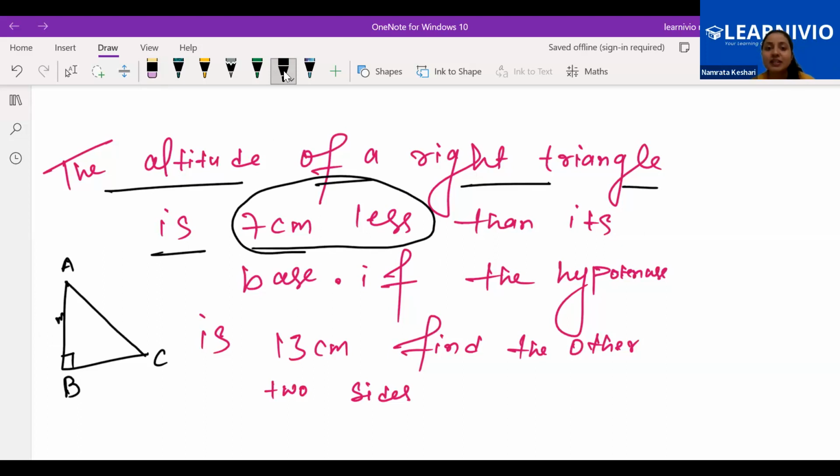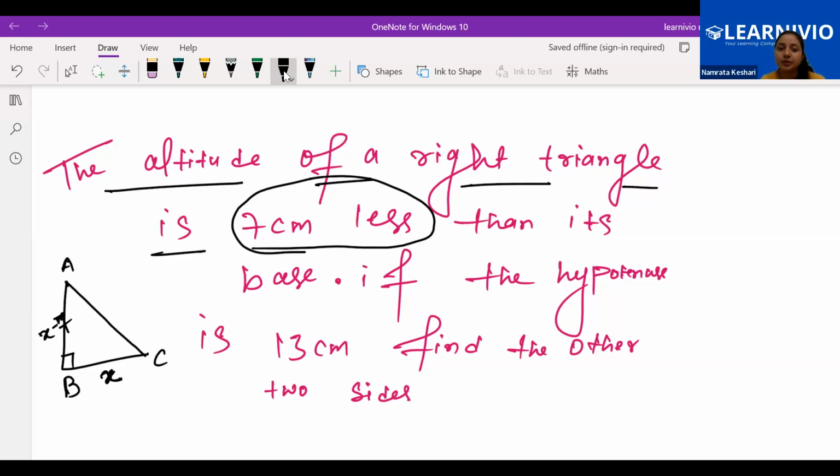It is 7 centimeter less than its base. So let's say the base is x. Altitude is 7 centimeter less than the base. That means altitude will be, can you tell me what will be the altitude? x minus 7.